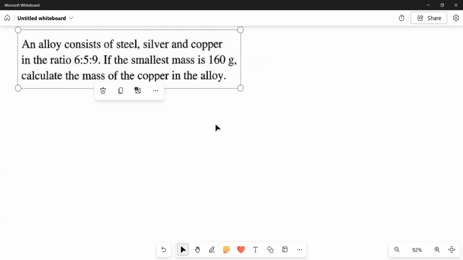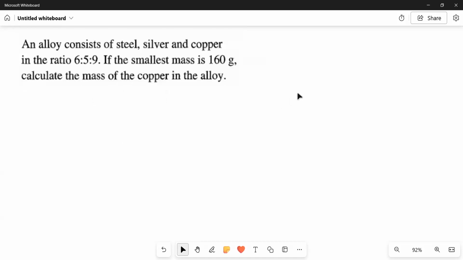Look at this one. They say an alloy consists of steel, silver, and copper.